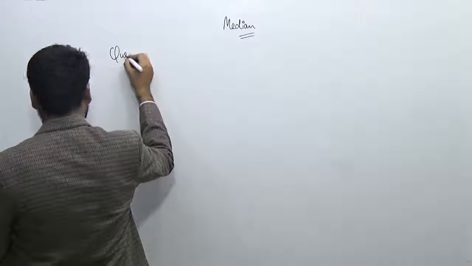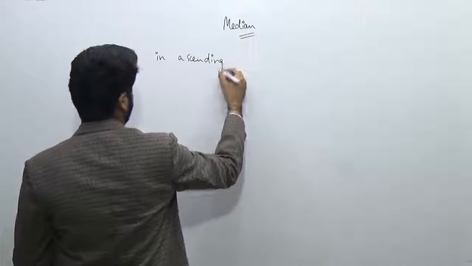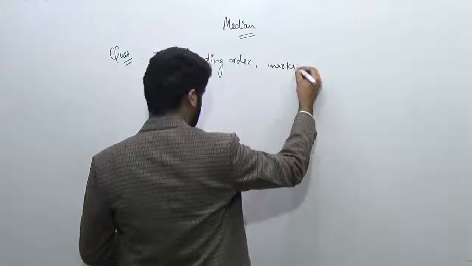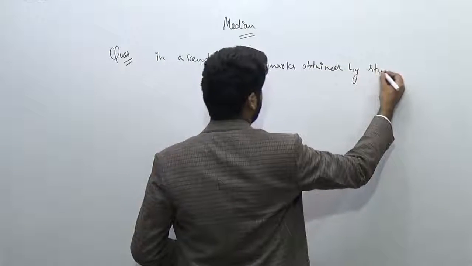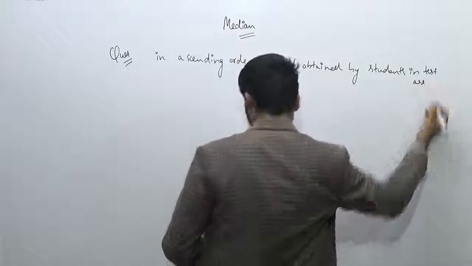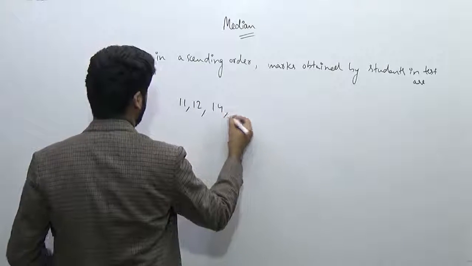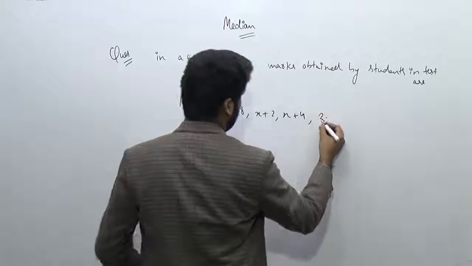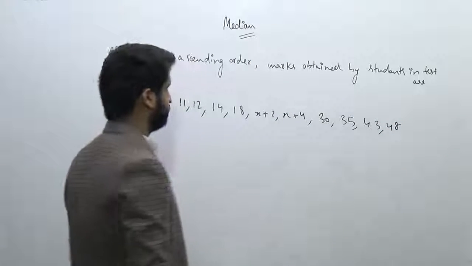So the question here is, in ascending order, the marks obtained by students in a test are, let's suppose, 11, 12, 14, 18, x plus 2, x plus 4, 30, 35, 43 and 48.